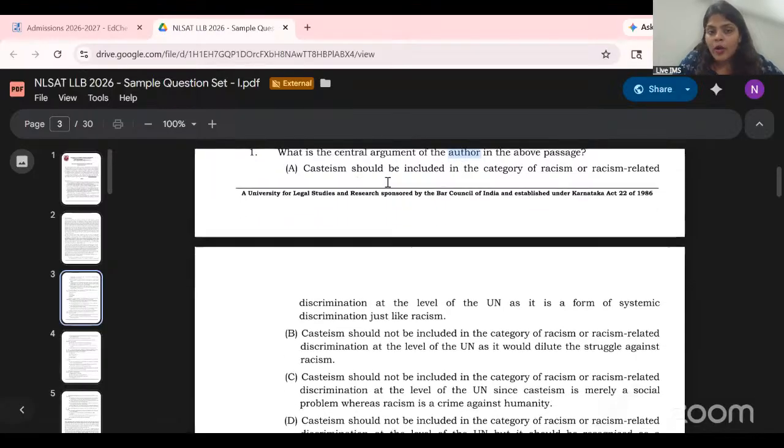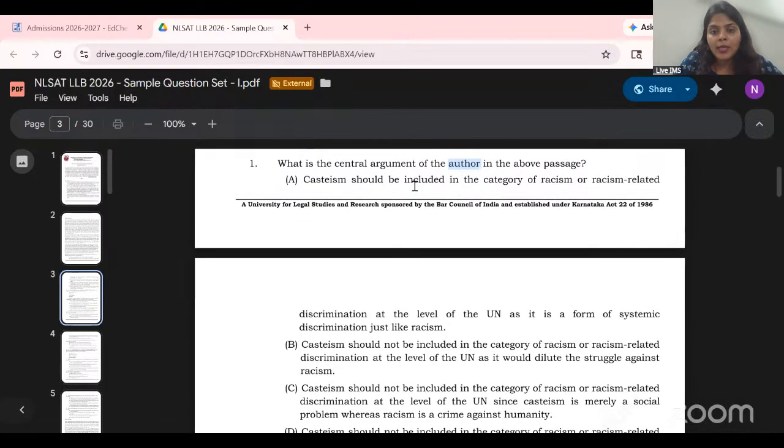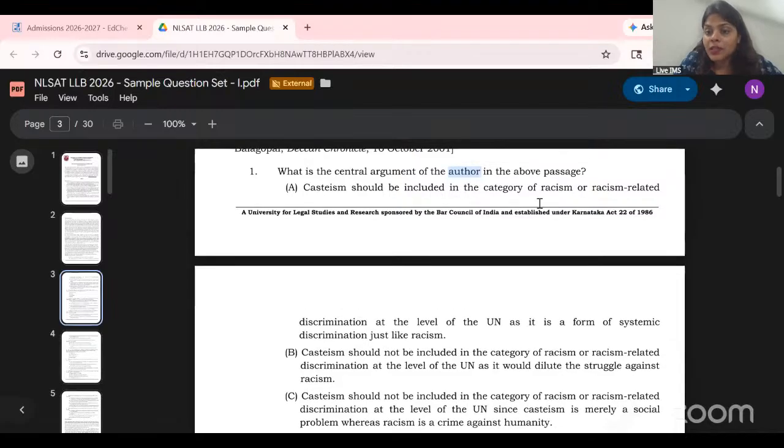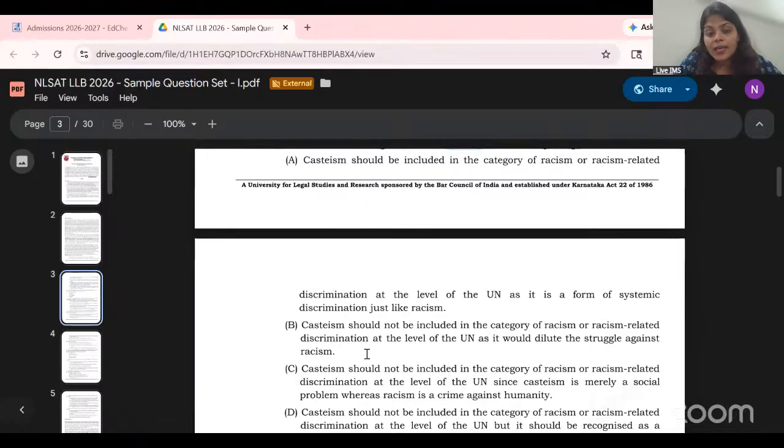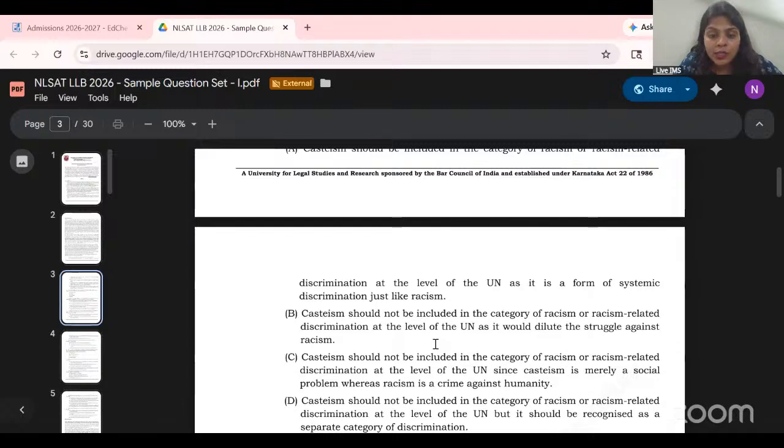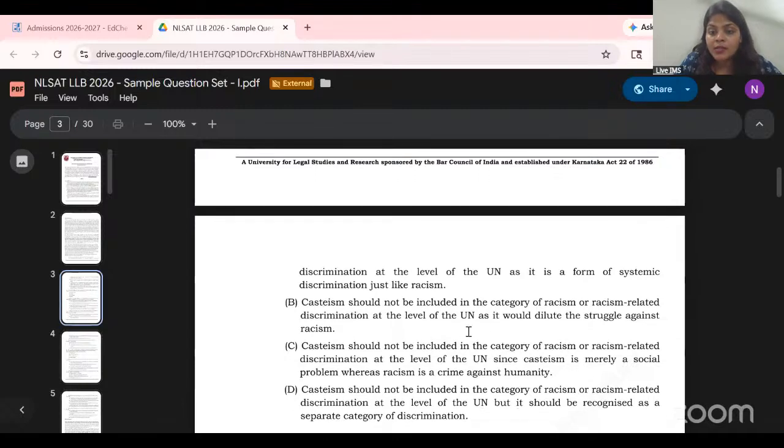The first option says that casteism should be included in the category of racism or racism-related discrimination at the level of UN, as it is a form of systematic discrimination just like racism. Second, casteism should not be included in the category of racism or racism-related discrimination at the level of UN, as it would dilute the struggle against racism.